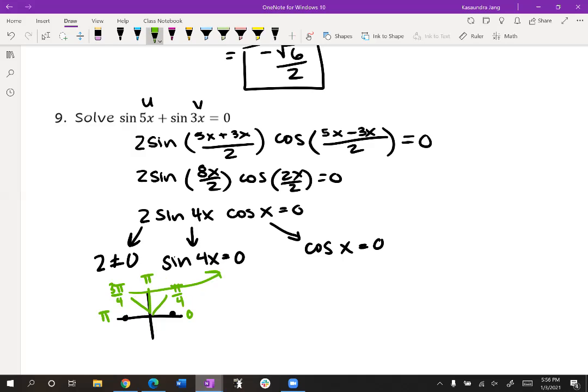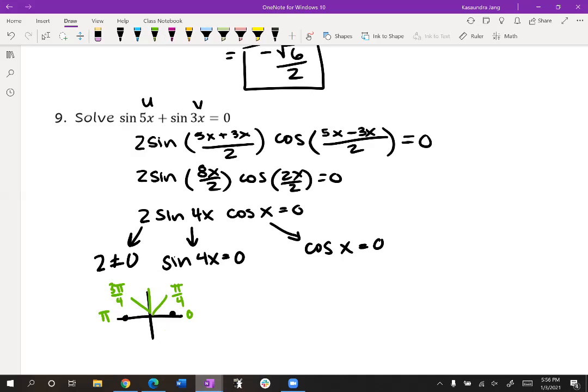Same thing for the 3 pi fourths. You guys are probably getting the hang of this. 3 pi fourths times 4 is 3 pi. So that would be, there's my 1 pi, there's 2 pi full circle, 3 pi. And I still landed in the same spot, with a y value of 0, so my sine is still 0 there.